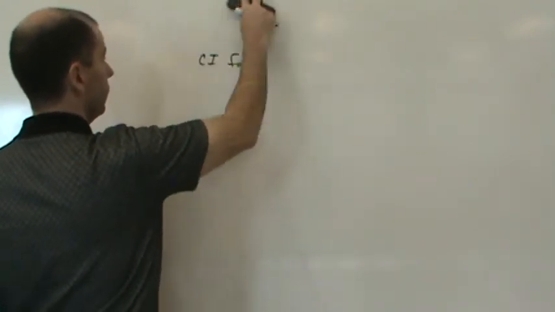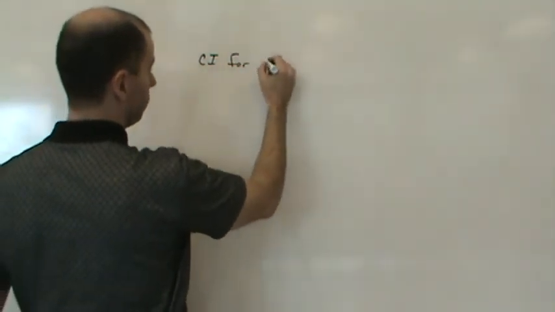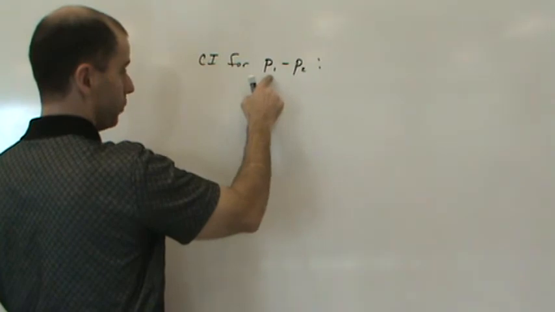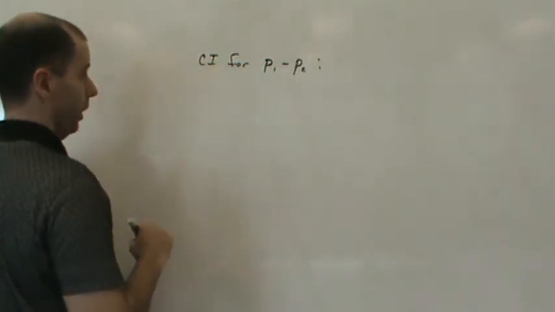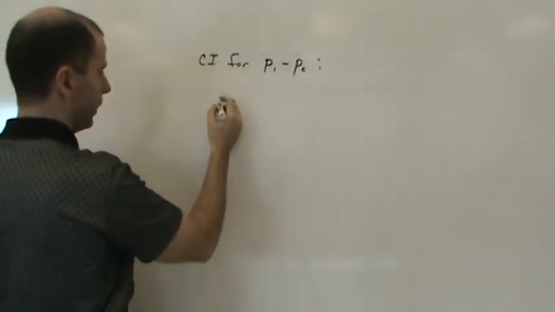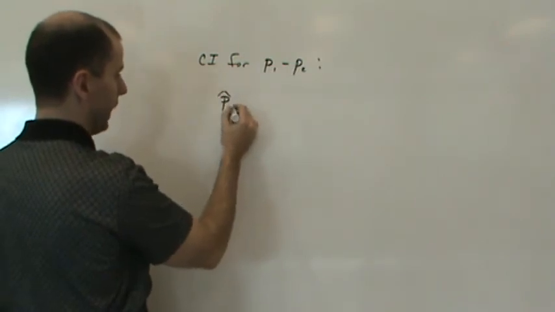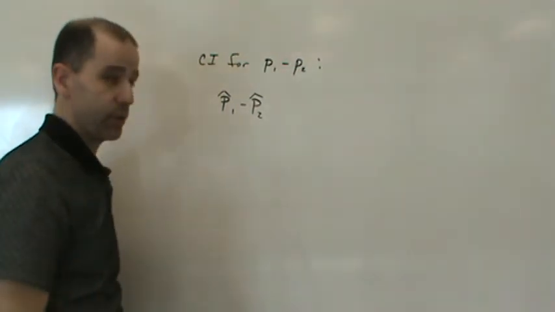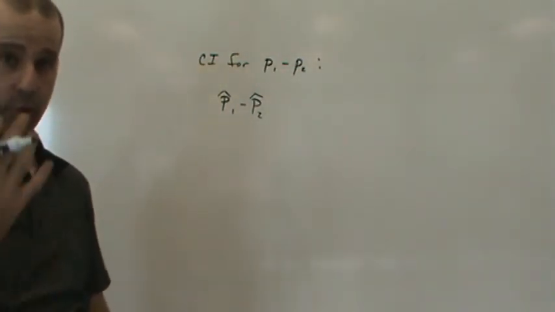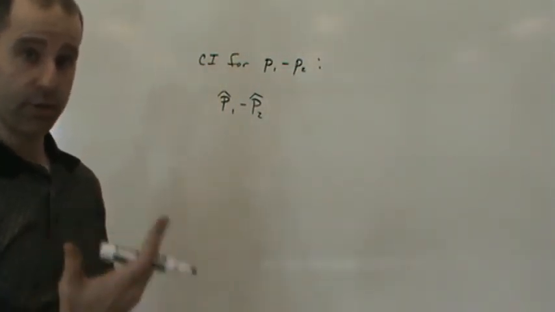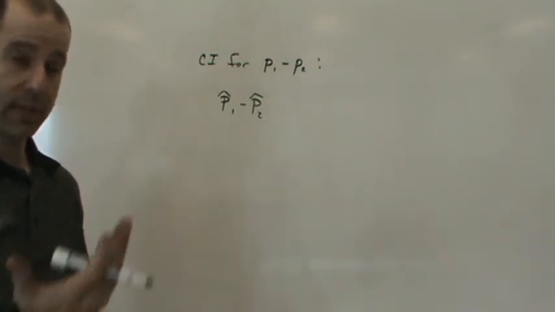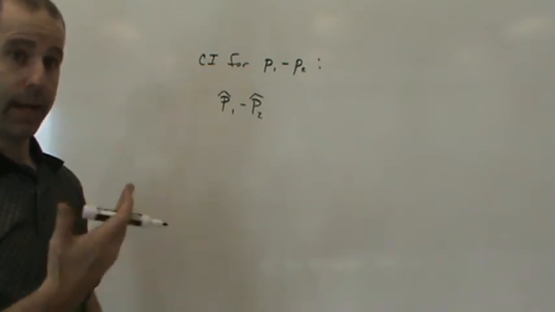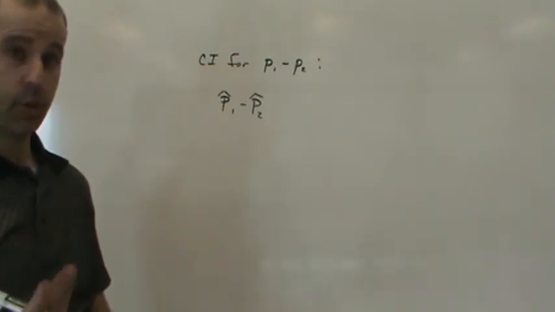So it's going to be P1 minus P2, the true difference between the population proportions. And of course, what are we going to have? Well, we're going to have our point estimate, and that's going to be P hat 1 minus P hat 2. And just like we saw with hypothesis testing, as long as all those conditions are met, then we know the sampling distribution of P1 hat minus P2 hat is normal.